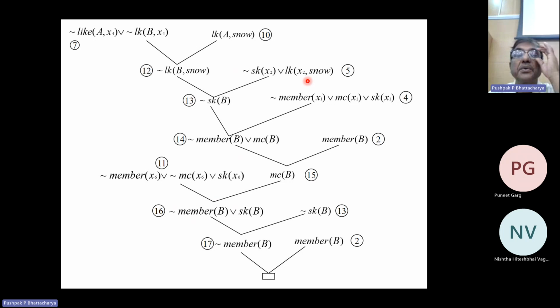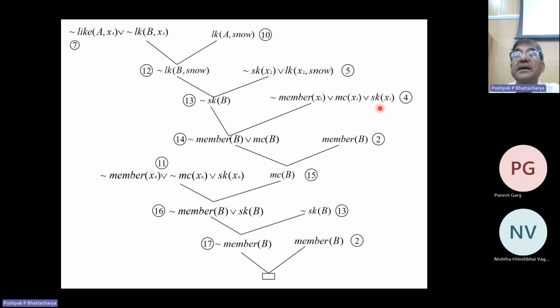Here X2 gets bound to B. When X2 gets bound to B, we have not like B snow and like B snow. So they cancel each other, giving rise to not SK B by unification. So we have proved that B is not a skier. So far, so good. We seem to be proceeding in the right path.